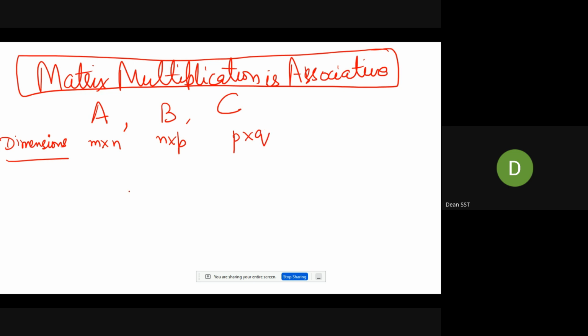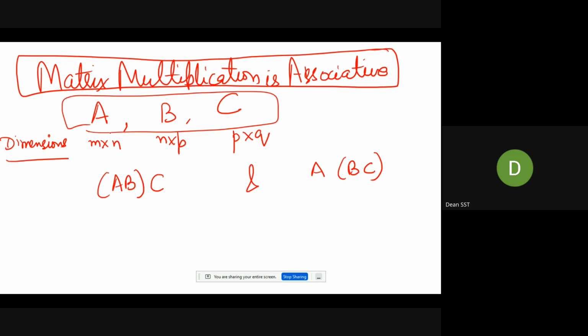Then we can find the product of A and B and multiply the result with C, or we can find the product of B and C and then multiply A with it. There are two possible ways to multiply these 3 matrices.